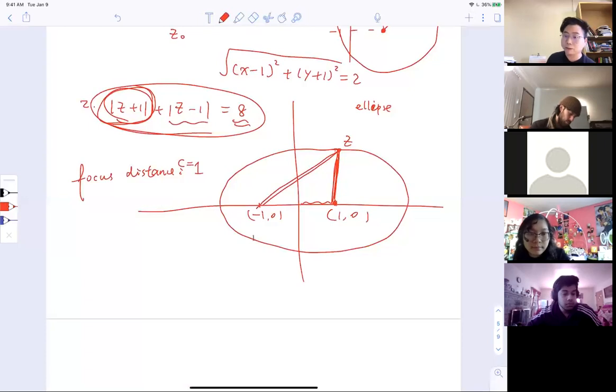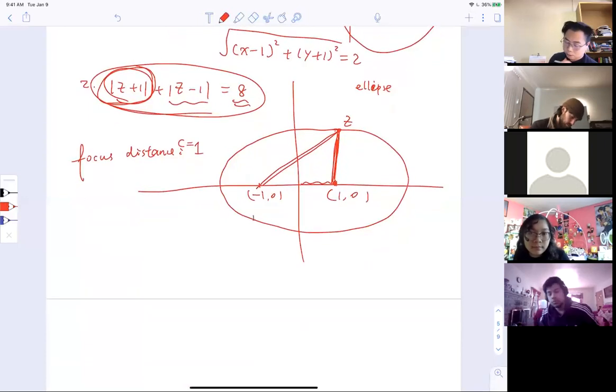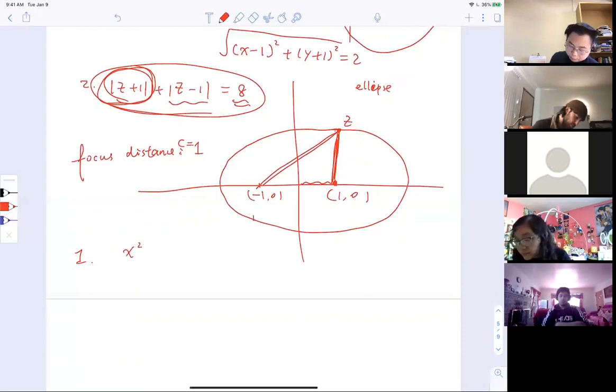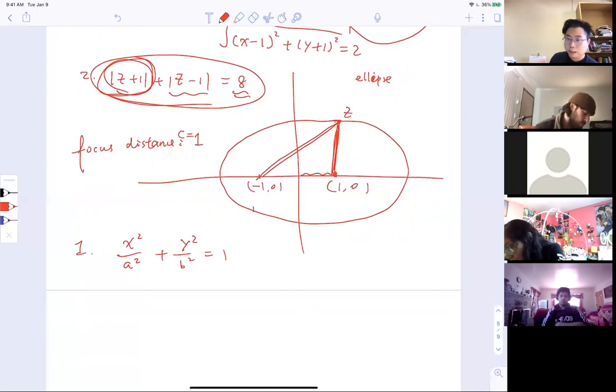By the way, there are two ways to get this equation. The first way is a smarter way. Because this is an ellipse, we know that it is x squared divided by a squared plus y squared divided by b squared equals 1. It must be in this form, right? And we also know c equals 1. What is c?